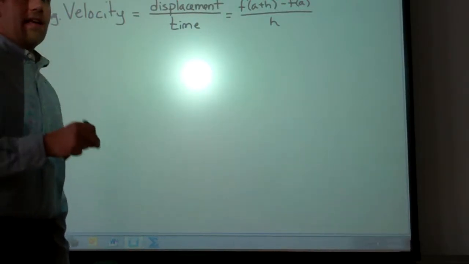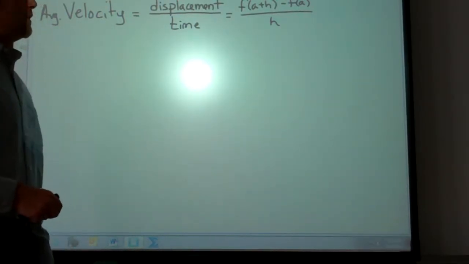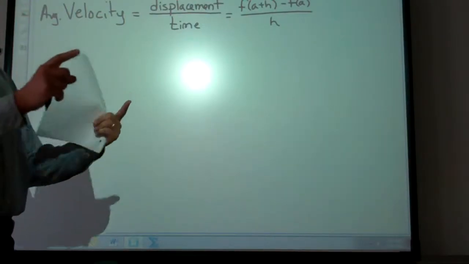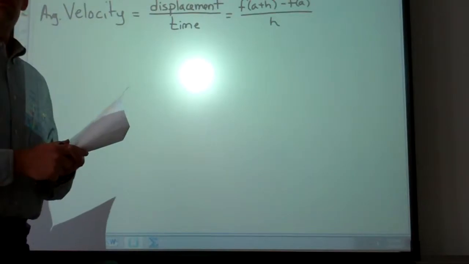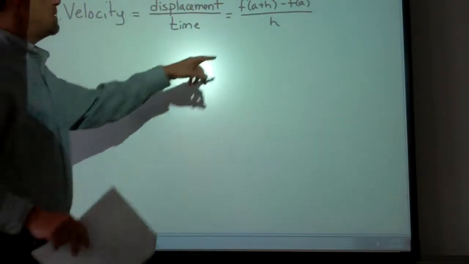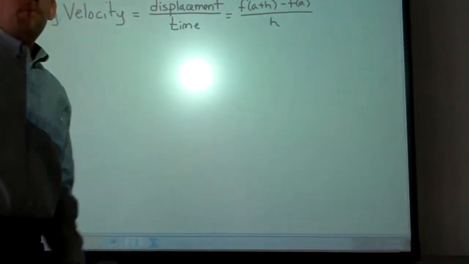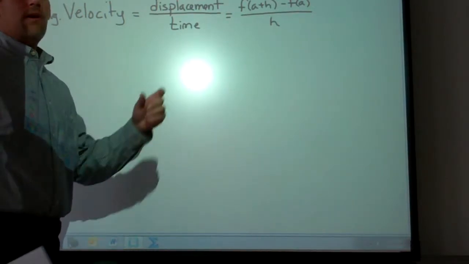Now, the thing that physics people are always concerned with is not average velocity, but instantaneous velocity. What's happening at any one particular moment? Well, to do that, the displacement gets smaller and smaller. Again, Q starts to approach P. As well, the denominator gets smaller and smaller also. The incremental time shrinks.